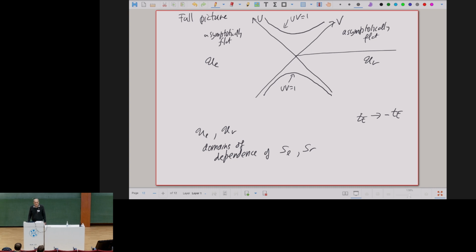Well, the symmetry t going to minus t in these coordinates, oh, I hope I've got it written down. It's something like, I think it's u going to minus v. But in any case, whatever the formula is, the fixed point set is that horizontal line in the picture.